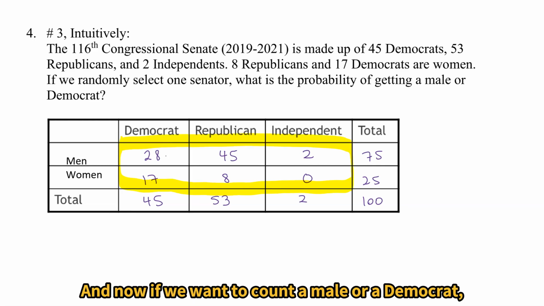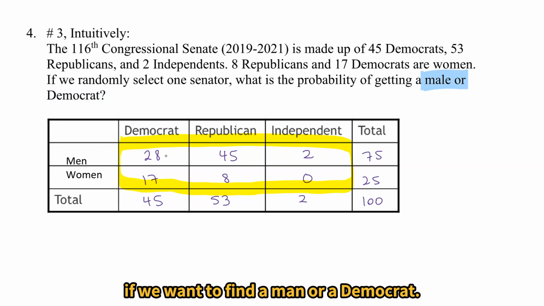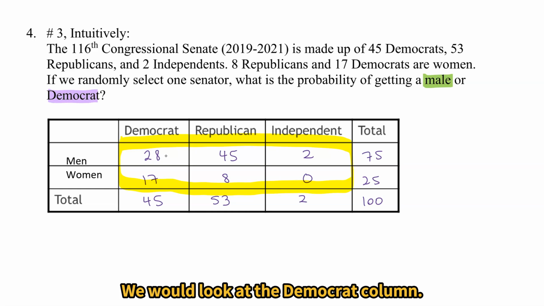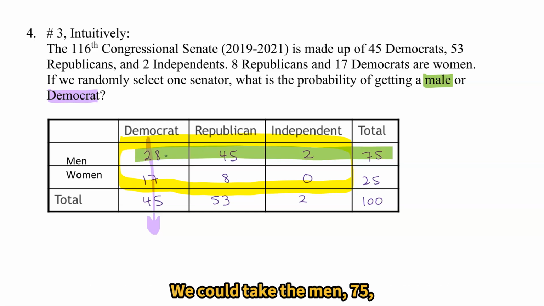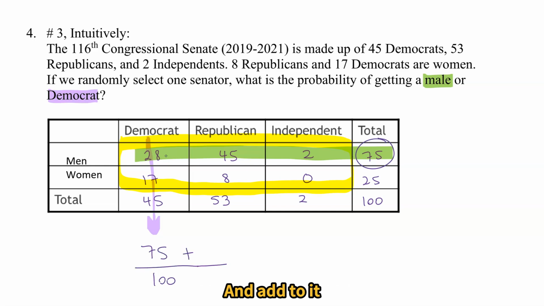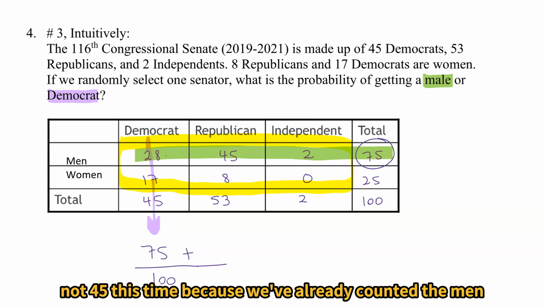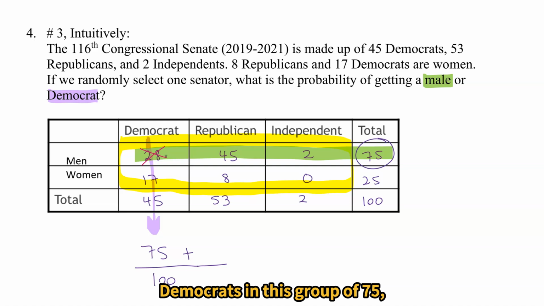And now if we want to count a man or a Democrat, we would look at the Democrat column and the men row. We could take the men, 75, and add to it, not 45 this time because we've already counted the men Democrats in this group of 75.